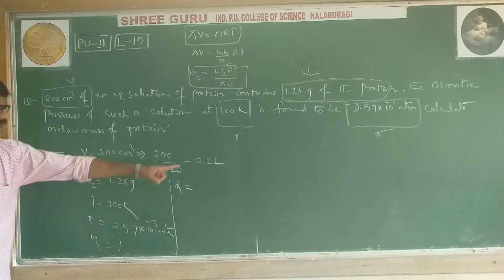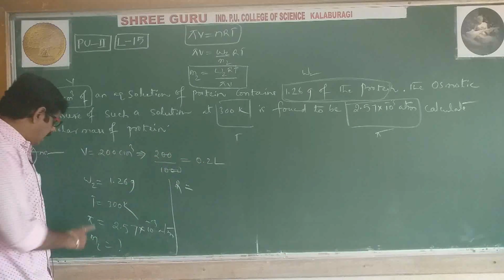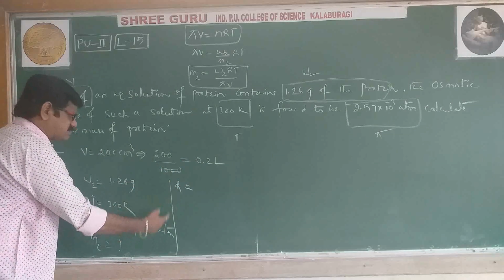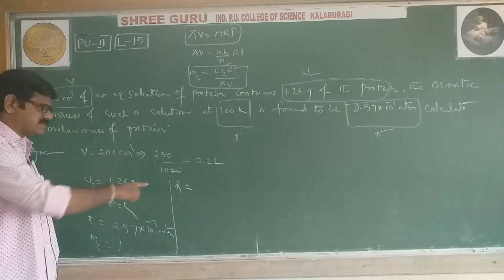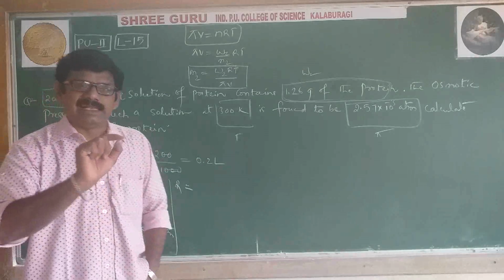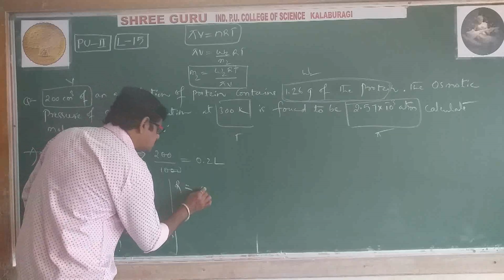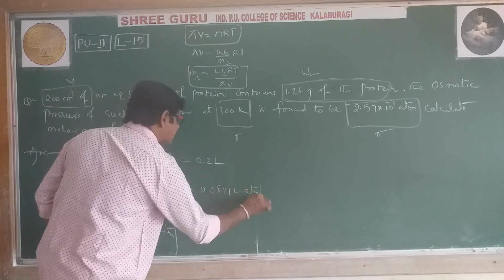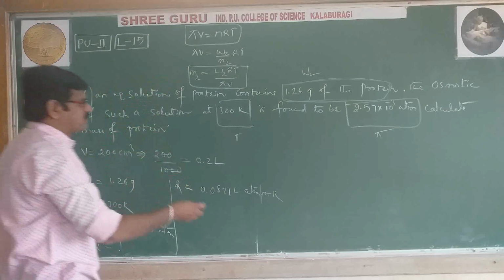Volume I have taken in liters and pressure is in atmosphere, so the R value should be the liter-atmosphere value, that is 0.0821 liter atmosphere per mole Kelvin. That's it. Now I'll copy the formula.